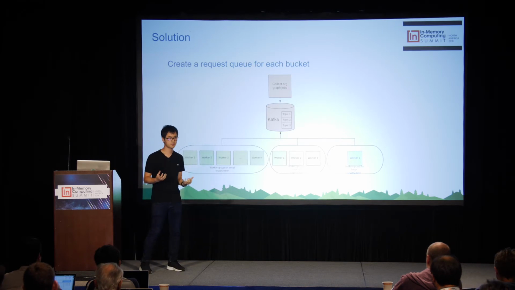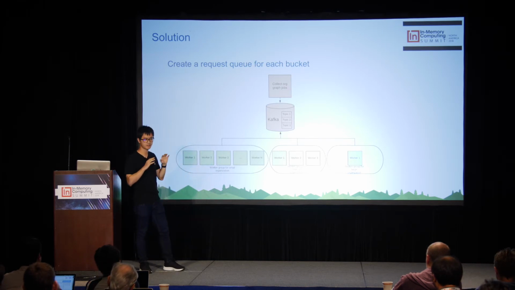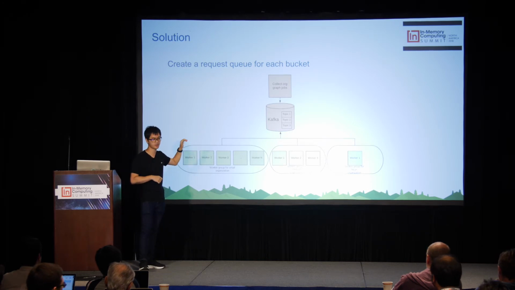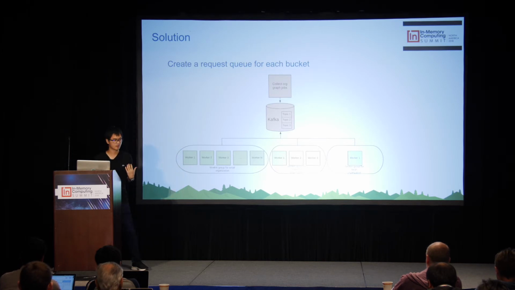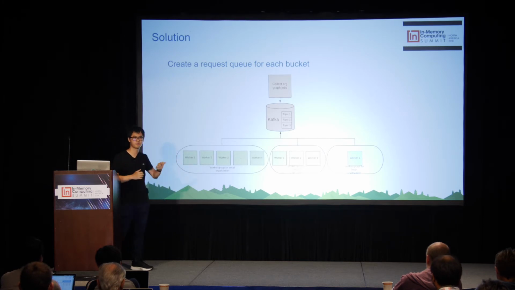So we make sure none of these workers is idle, not doing anything, as long as the topic is not empty. In this case, we avoid the hotspot issue, and we are able to scale up and generate graphs for all organizations for the first time ever.